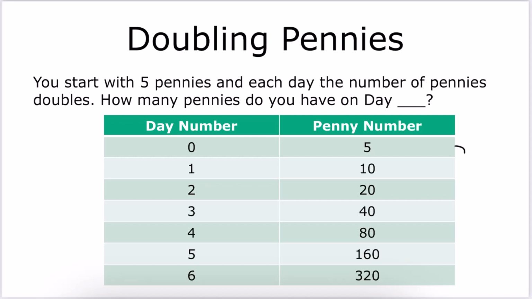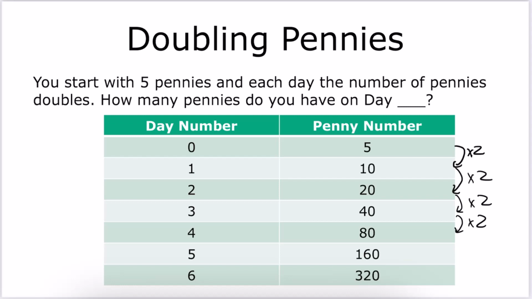So 5 times 2 gives you 10 pennies on the first day. Then when you double that number, that gives you 20 pennies on the second day. And then when you double that number, that gives you 40 pennies and 80 pennies and so on and so forth. And the pattern is that you're consistently multiplying by something.